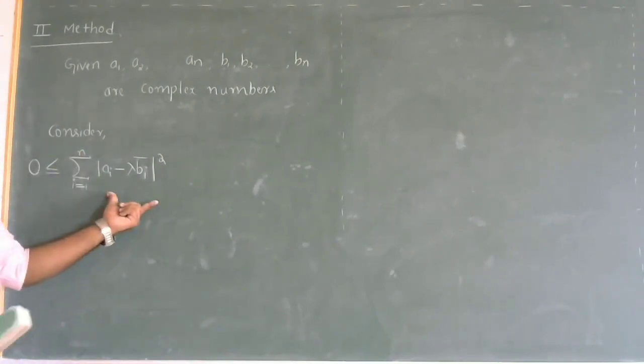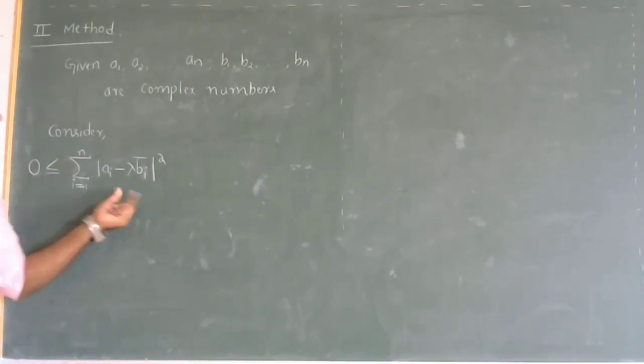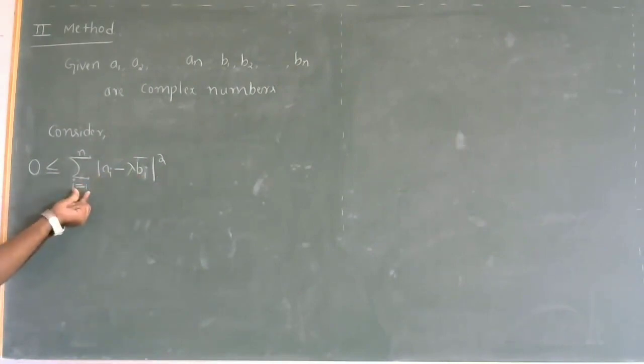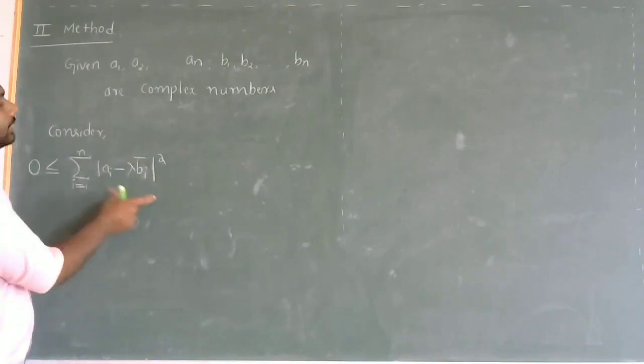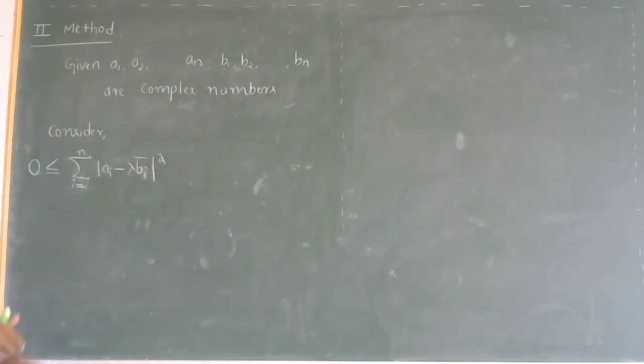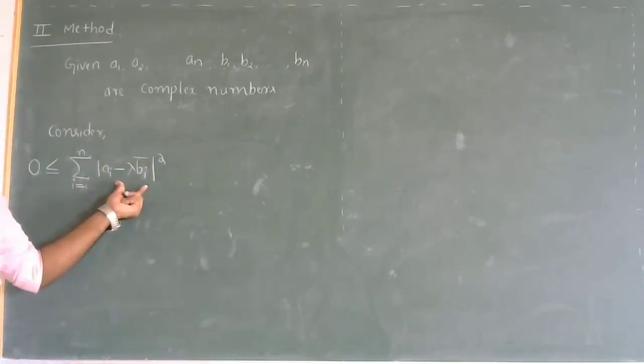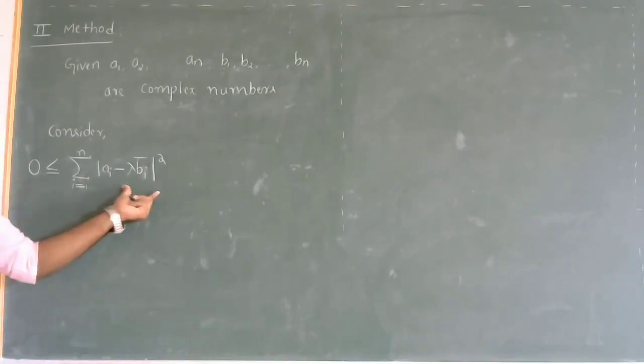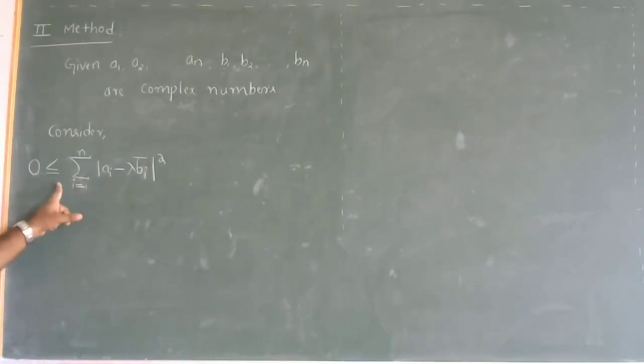Now I will start with this non-negative value. As each term of this summation is non-negative, because each term is modulus whole square, it will always be greater than or equal to 0. So the sum of non-negative terms is once again non-negative.